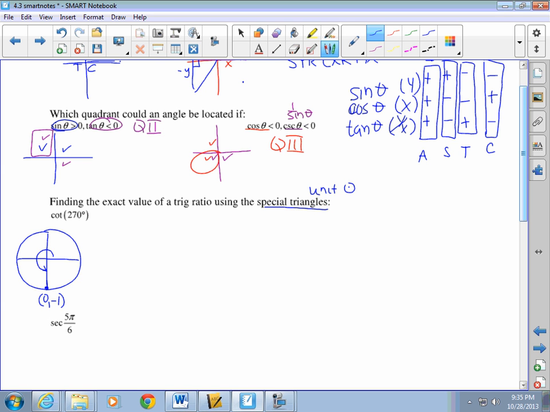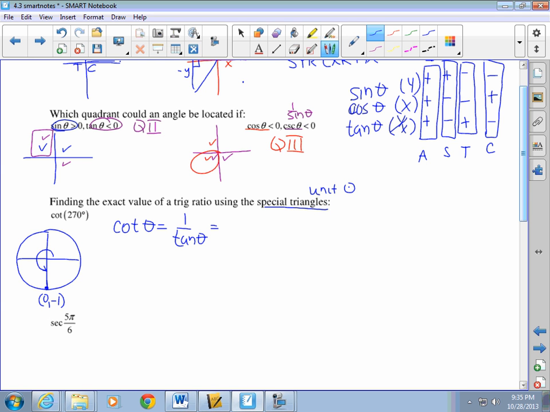So cotangent of theta is equal to, it's the same as 1 over tangent theta.